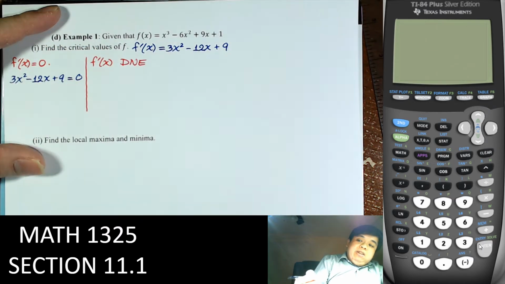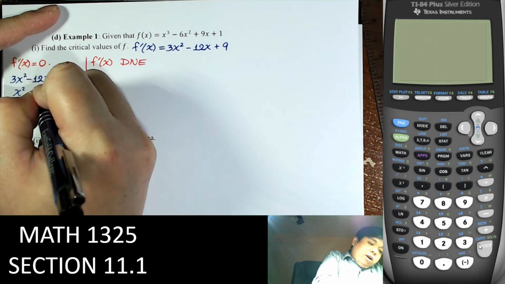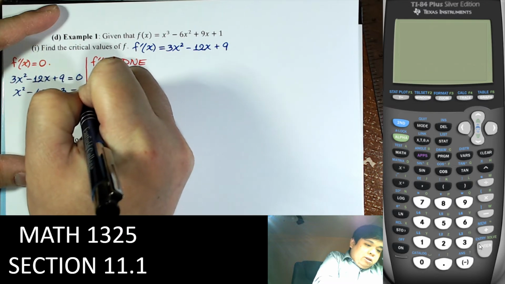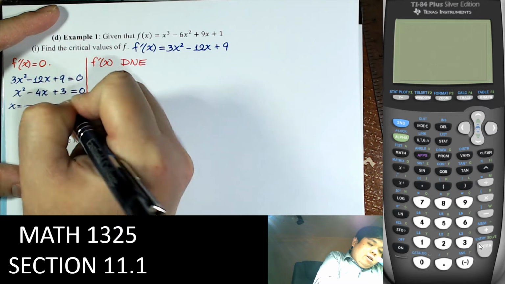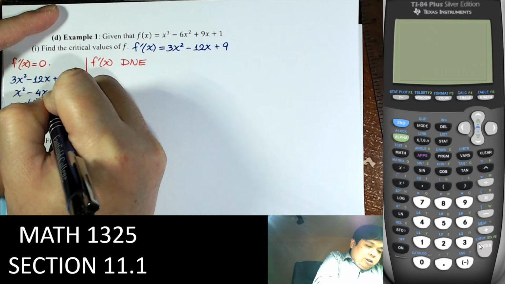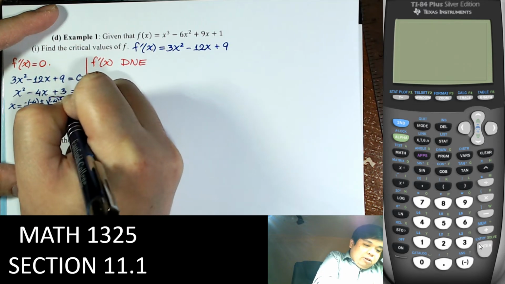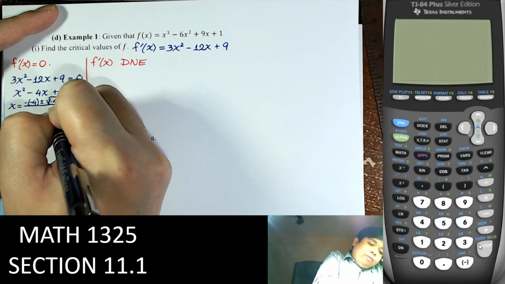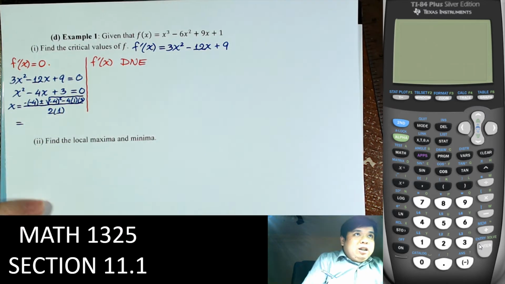I can divide everything by 3. That gives us x squared minus 4x plus 3 equal to 0. And we solve for x. Negative b, negative 4, plus or minus the square root of negative 4 squared minus 4ac, over 2a. Of course, you can use any method to solve the quadratic equation.